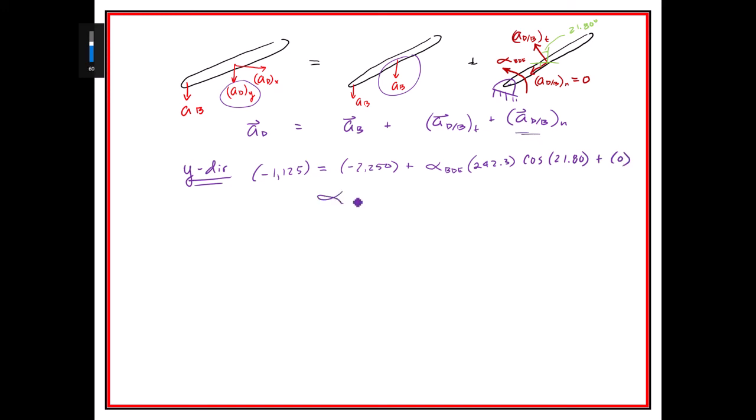From this, we're able to find alpha BDE is equal to 5.00, and because of my round off error, I got a 1 right there. So here's a case where I used 4 sig figs, but that still wasn't quite enough. If you go further, you'll find that that's actually equal to exactly 5 radians per second squared.